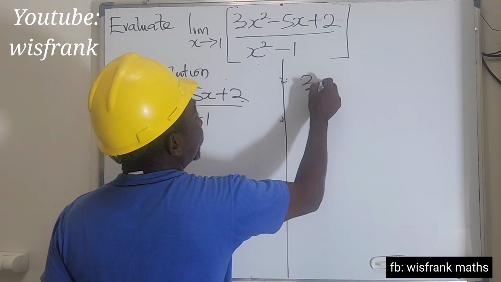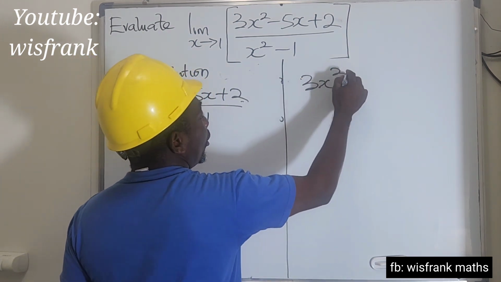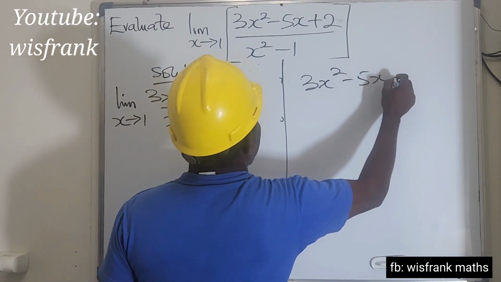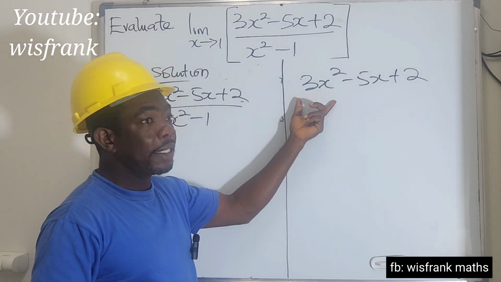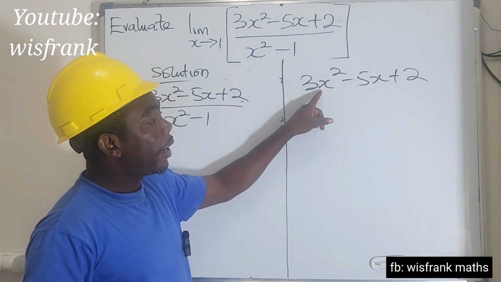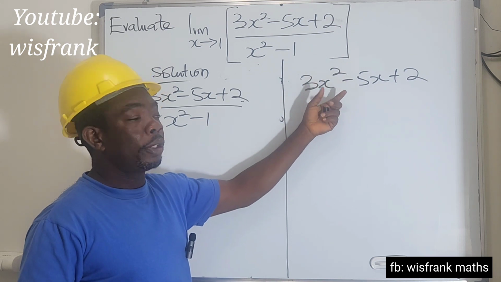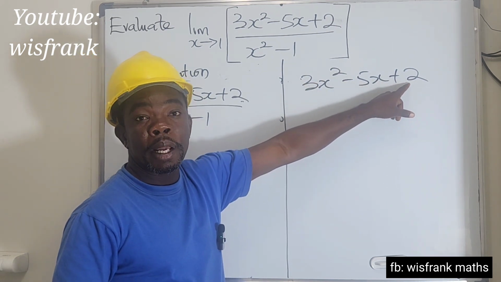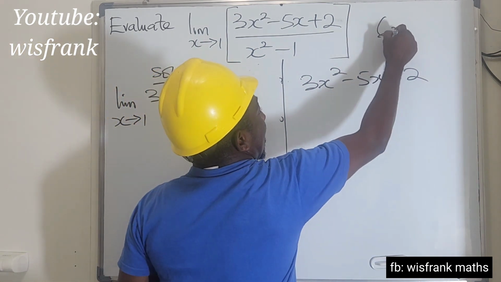We have 3x squared minus 5x plus 2. This is a quadratic expression, and we are going to use the factorization method. We multiply 2 by 3x squared, which gives us 6x squared.